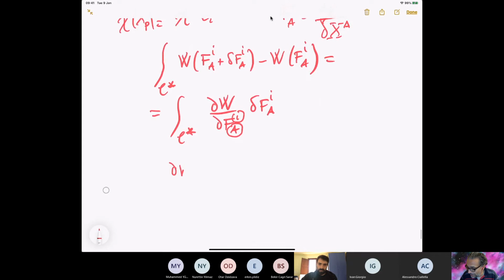So dW over dF_iA is equal to P_Ai. This is one-time contravariant with respect to A and one-time covariant with respect to i. Okay, this is wonderful.